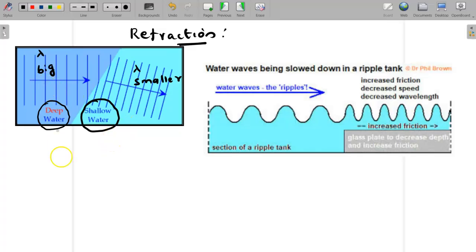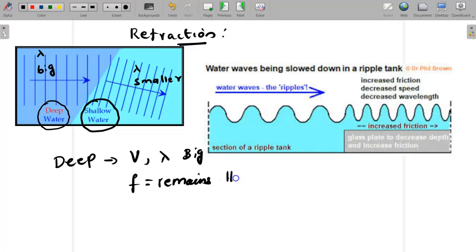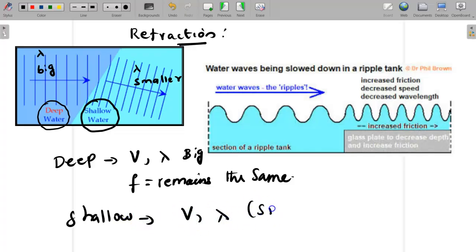So in the deep region, the speed and wavelength are greater, and frequency remains the same. And in the shallow region, speed and wavelength decrease, which means they are smaller, and frequency is unchanged.